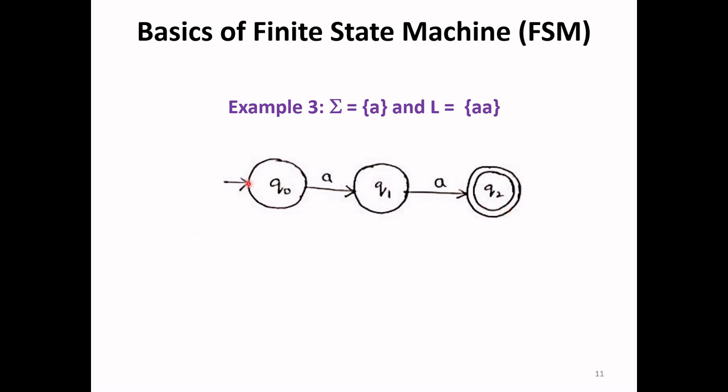So from the start state Q0 for input string AA, it reaches the final state Q2. Hence string AA belongs to this particular finite state machine.